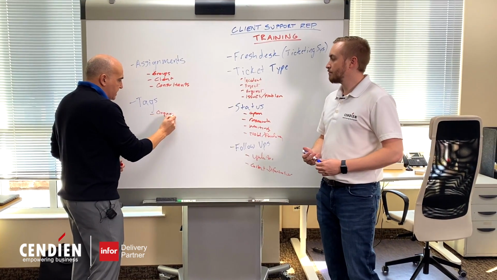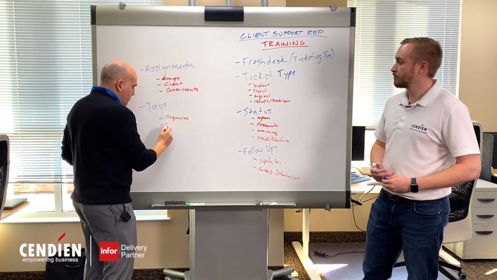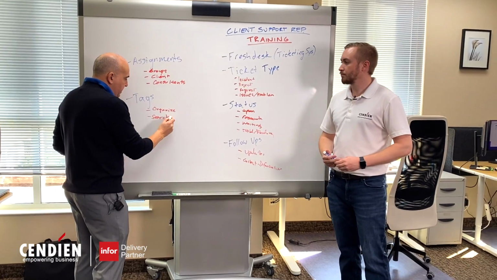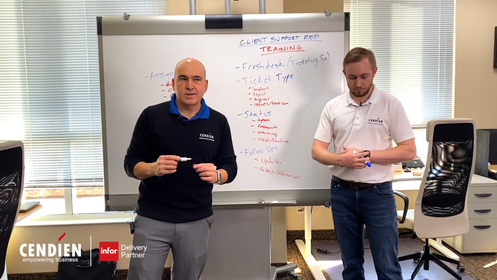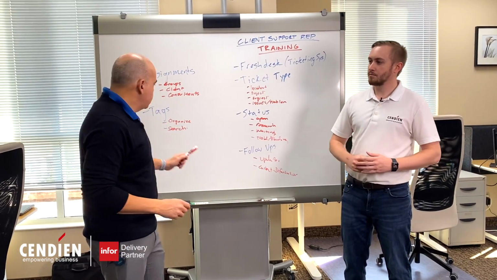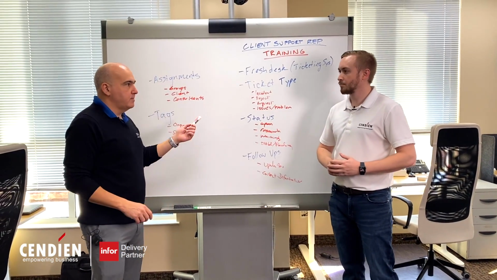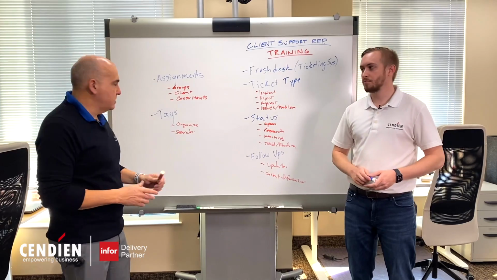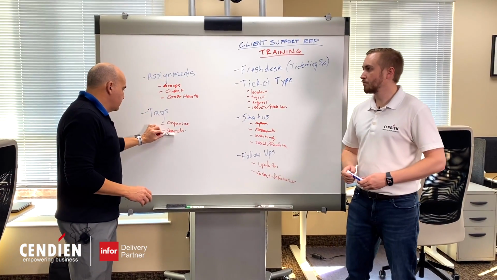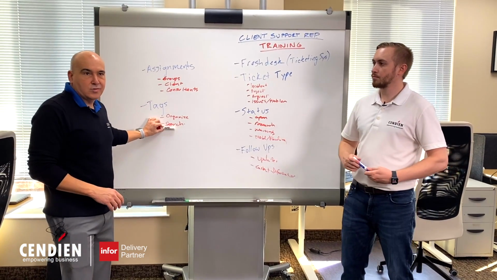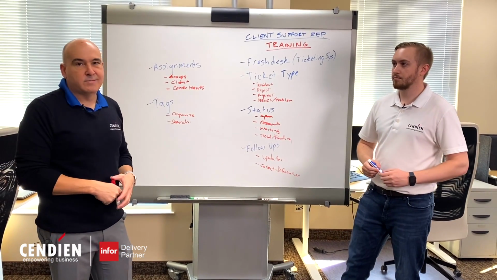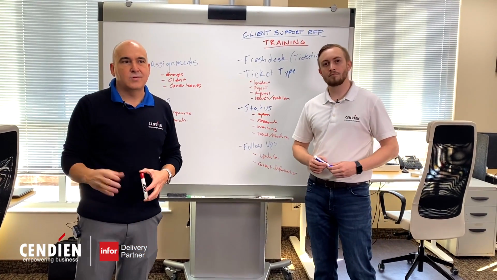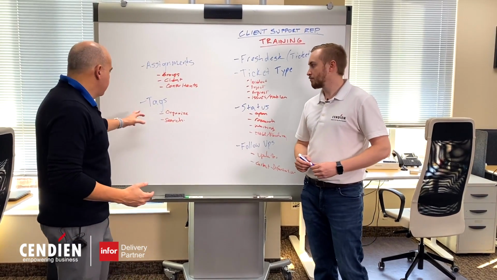So the tags allow you to organize and then also search. There may be cases where the ticket comes up for one client, and it's the same for another client. You want to be able to search on these tags and be able to pull up any resolution. So the tags will allow you to stay organized, will allow you to research or search for previous types of tickets, and then come up with some solution that may already be there. So the tags are very important.